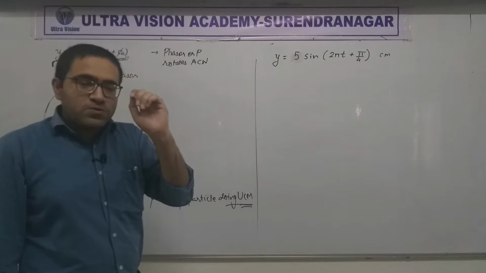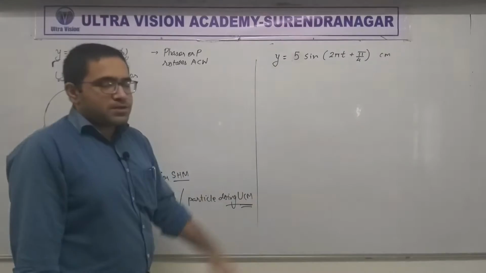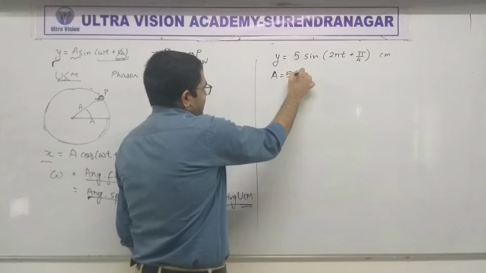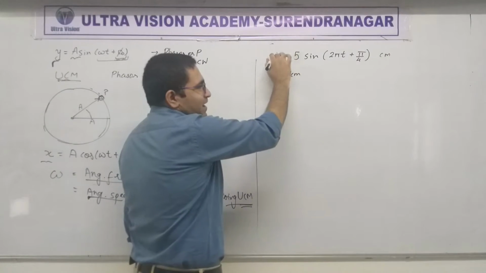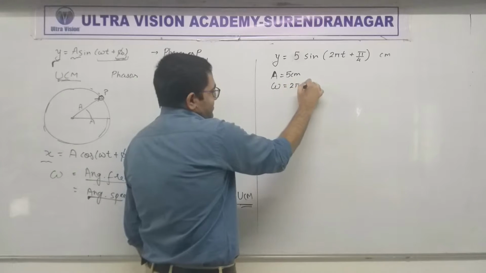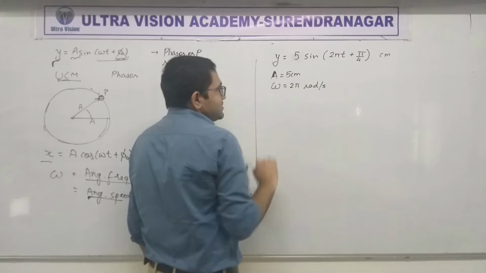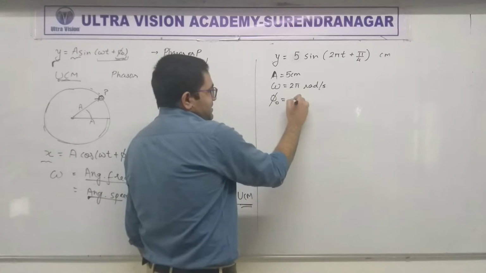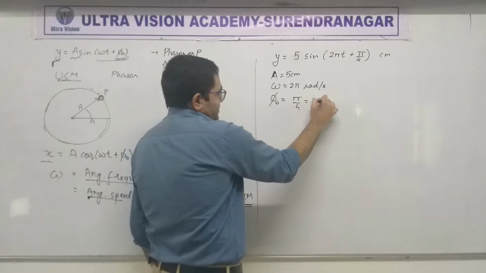So what we'll do is compare all the terms. Clearly the amplitude is 5 and we are dealing with y and sine, so that's good. Omega is 2 pi radians per second. Initial phase angle is pi by 4, that is 45 degrees, of course.